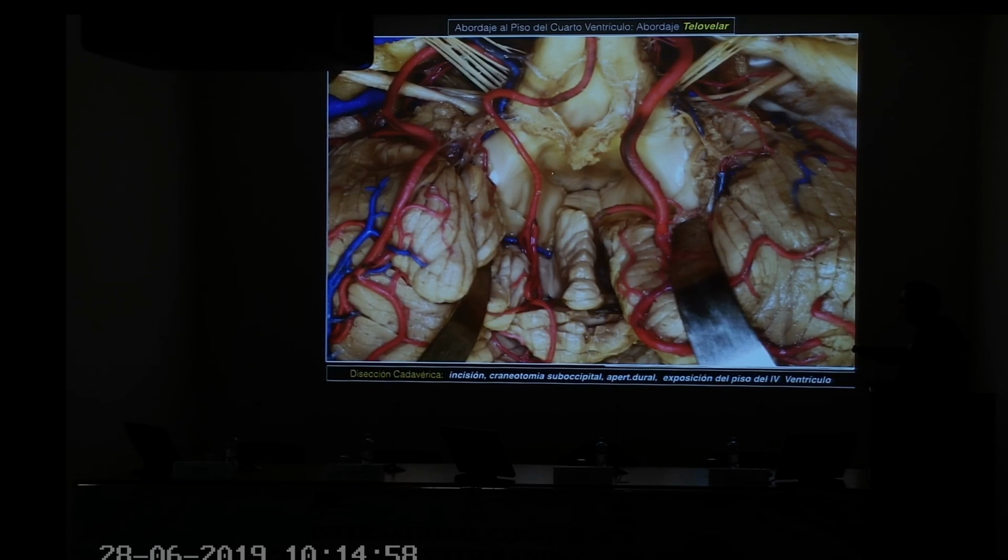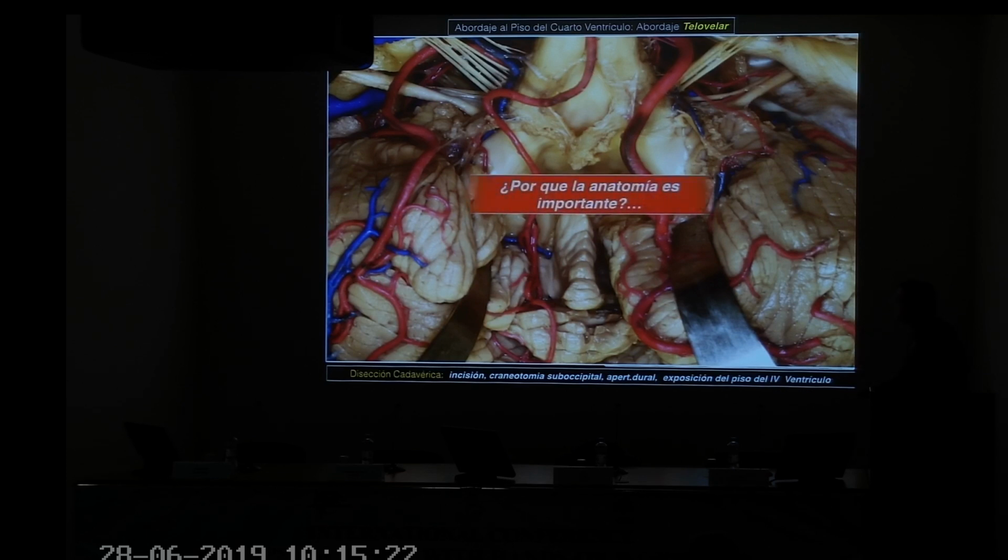If you find the depression, you can be sure that medially you find the facial colliculus. And now, as I told you a few minutes ago, the lateral wall of the inferior portion is the inferior cerebellar peduncle, here, running. And here, the inferior triangle.